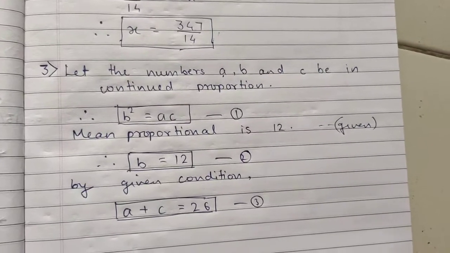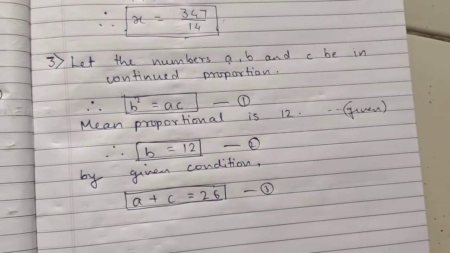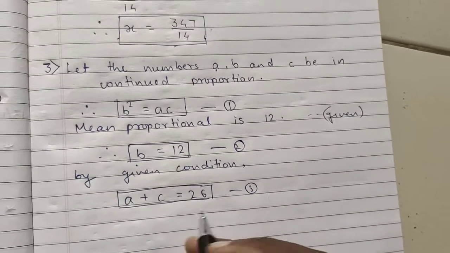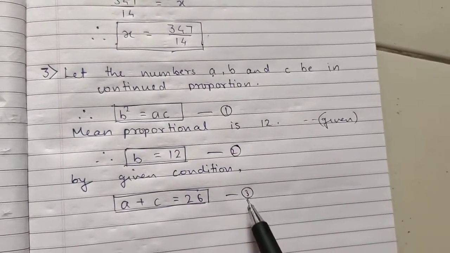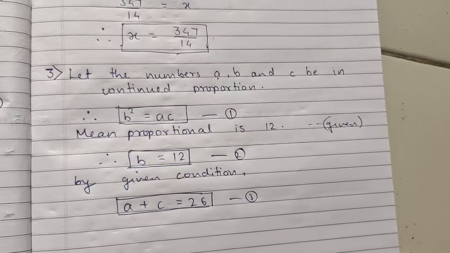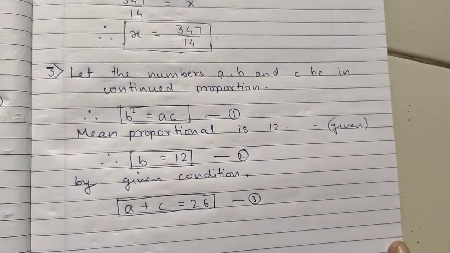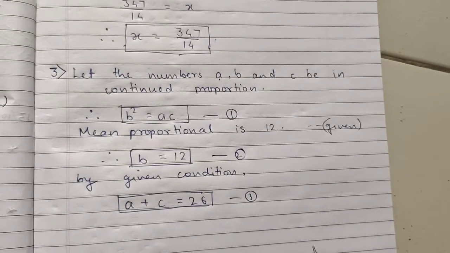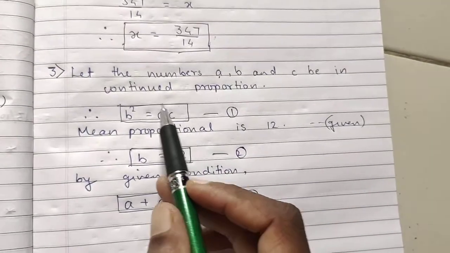We are given these three and we need to find out the values of A and C. If you use equation 1, equation 2 and equation 3, definitely you will get the values of A and C.